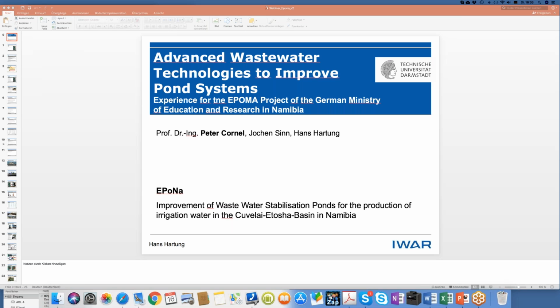And here we look at what can we do with advanced technologies to improve wastewater pond systems. I mean, quite often the pond systems I've seen in many countries don't really work very well. And the question is, what could be done to make them better?